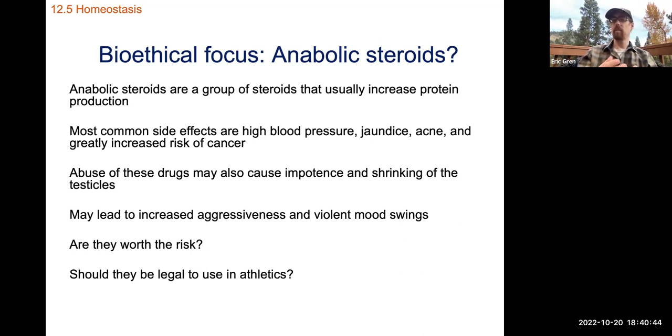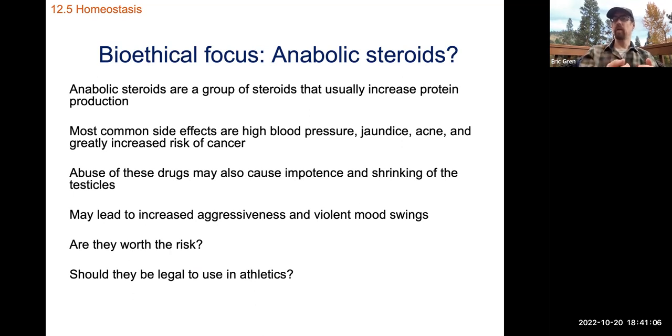So you think about this term anabolic. If you remember, there's a pair of terms, anabolic and catabolic. And this kind of goes back to the very first week or two of the semester when we were talking about organic molecules. The process of building a molecule is called anabolism.